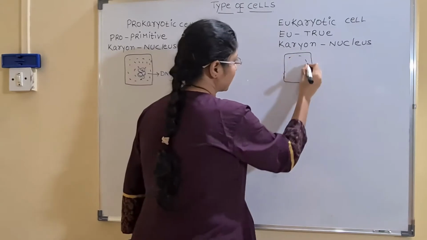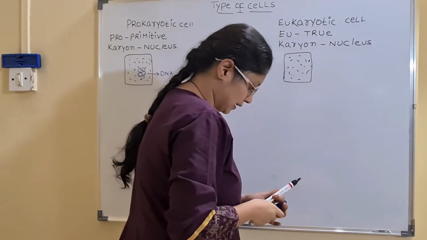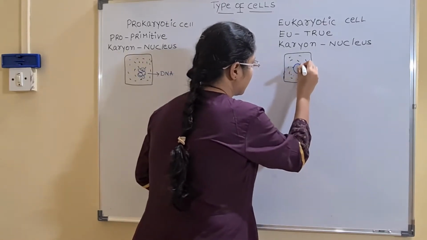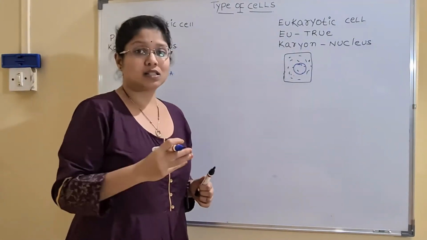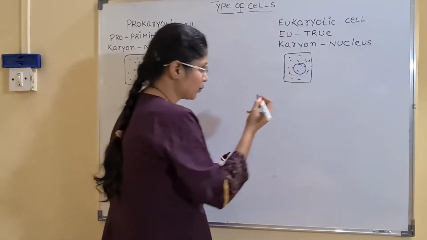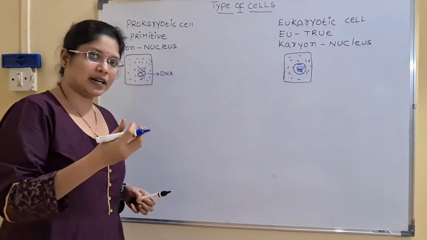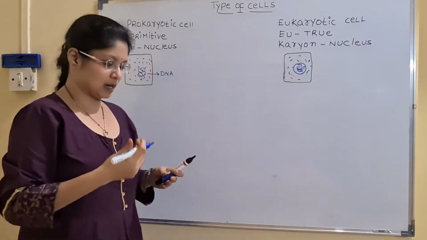Here again the cell cytoplasm is present. Let us say this is the cytoplasm. And now if you observe, there is a compartment. There is a small compartment, or a small chamber, inside which you have the DNA. So this is a separate entity, a separate chamber present inside the cell cytoplasm.